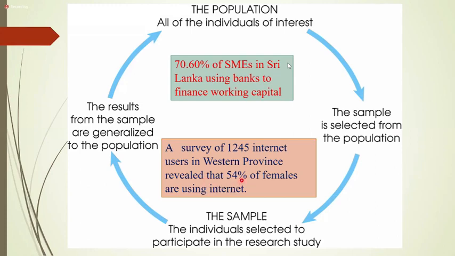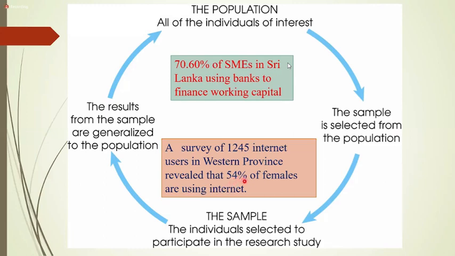Here also we are calculating the percentage for the sample. So the statistic is percentage, that is equal to 54%. Here the parameter is percentage, that is equal to 70.60%. Here the statistic is percentage, that is equal to 54%.